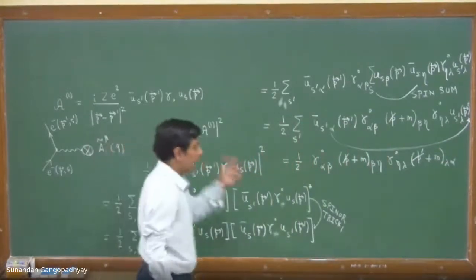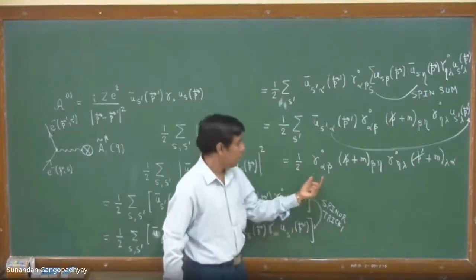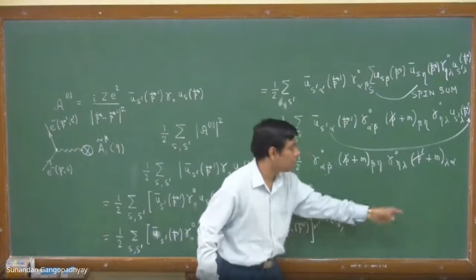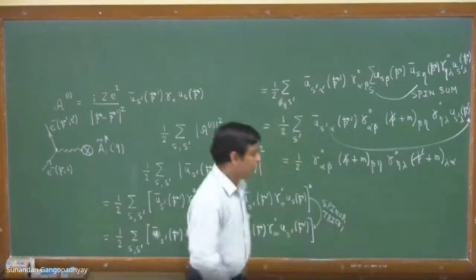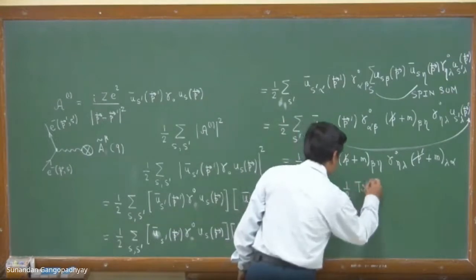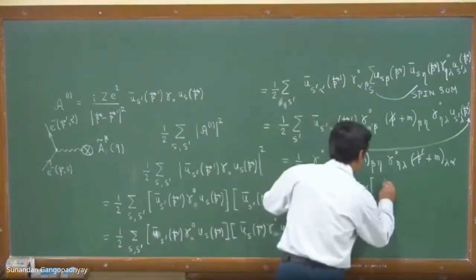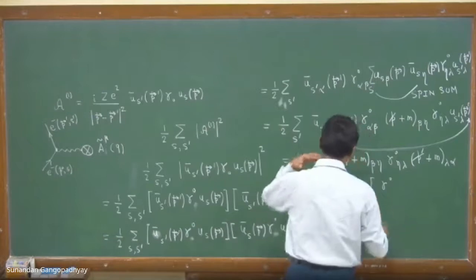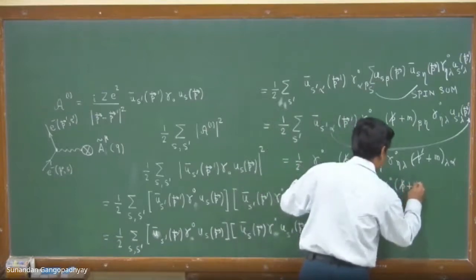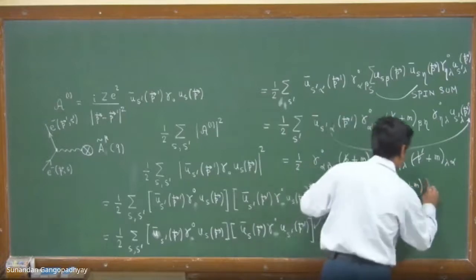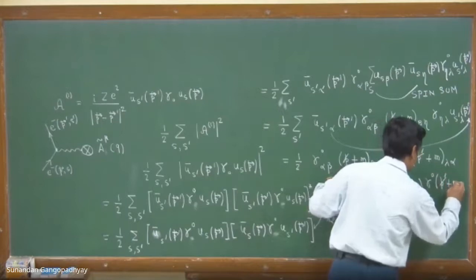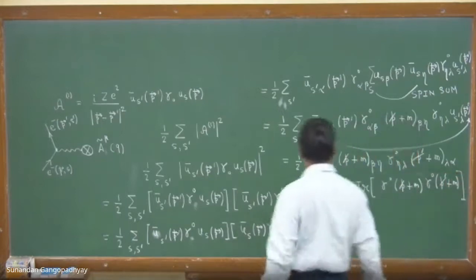Now look at this result. This is gamma 0 alpha beta, then this factor beta beta, then this factor beta lambda, then this factor lambda alpha. Therefore, this is nothing but half trace. Now you can get rid of all the indices. So trace of gamma 0, P slash plus m, gamma 0, and P prime slash plus m.